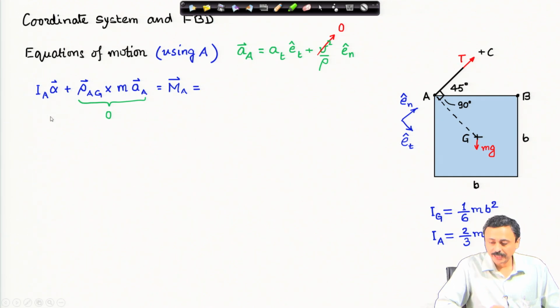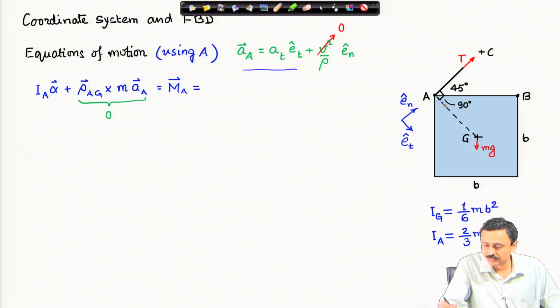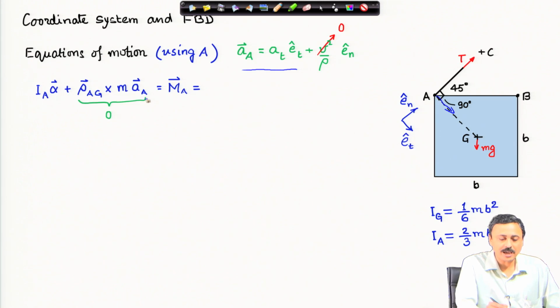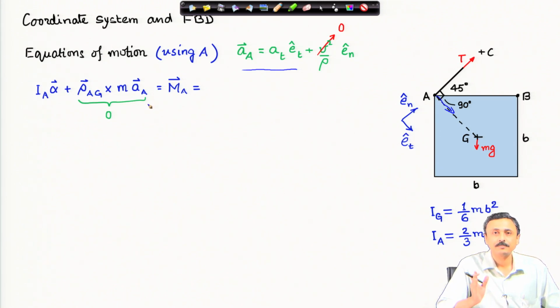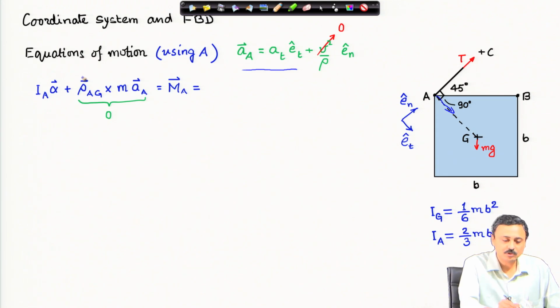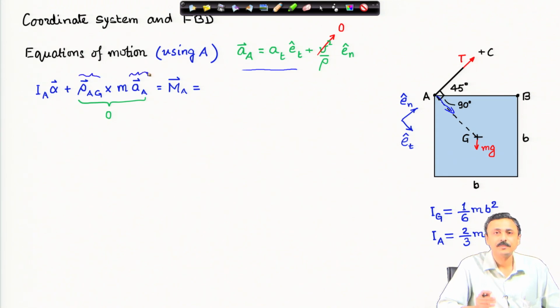Moment of inertia of the plate about A times angular acceleration plus rho_AG cross mass of the plate times acceleration of A is equal to the net moment of all forces about A. Here, because I have the acceleration of point A in the tangential direction, and the tangential direction is exactly along AG, which means A has an acceleration towards the center of mass, this leads to a simplification, because rho_AG and the acceleration of A, these two vectors, are co-oriented, they are in the same direction.